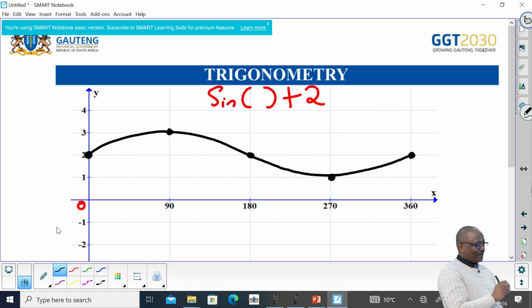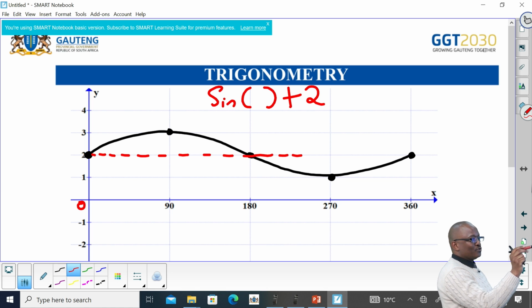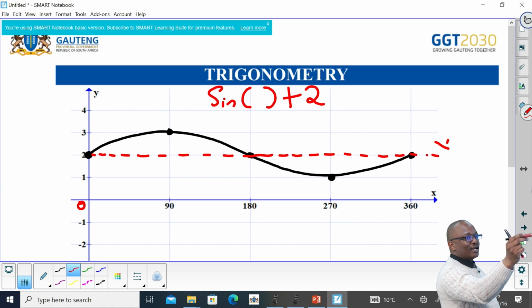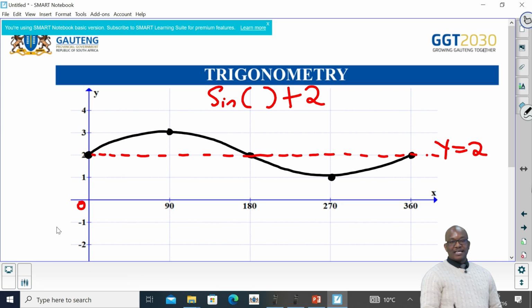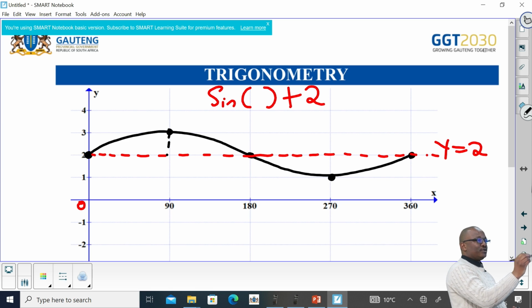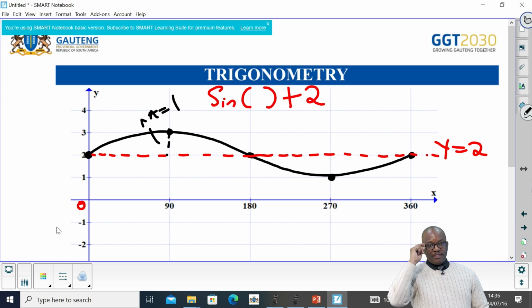Then from there, remember, our midline is there at 2. Our midline now, y is equal to 2. Then we can start reading from there. The amplitude, we can see that our amplitude is going to be 1. We only have 1 unit there.